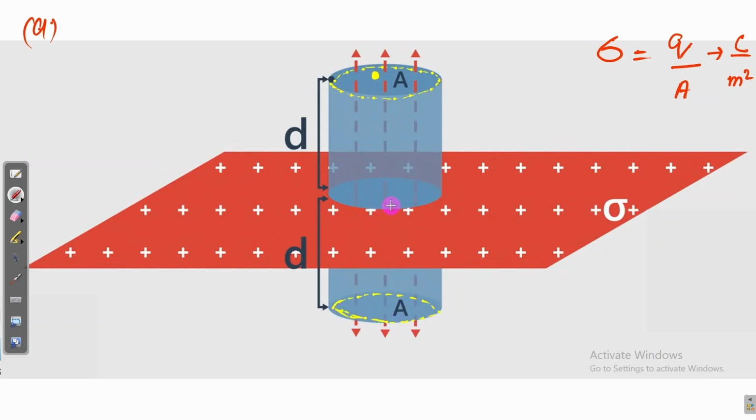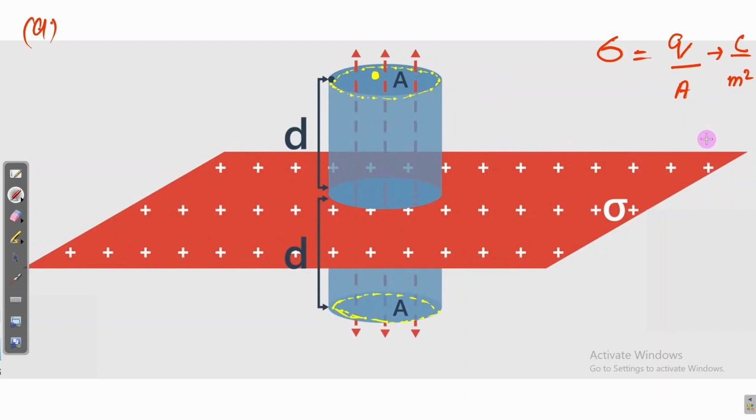There is a large number of electric field lines originating from these positive charges, above and below this sheet, and they are parallel to each other.